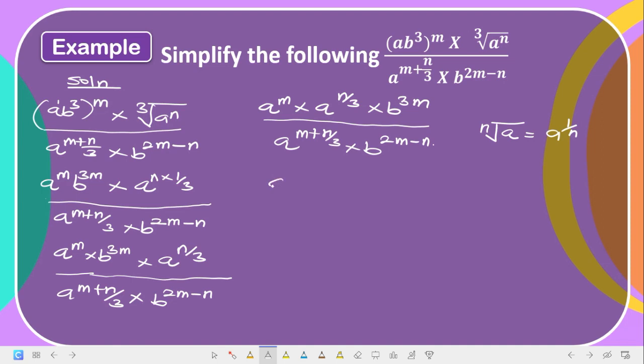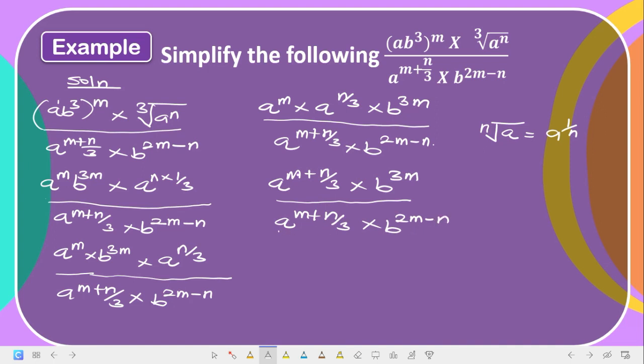Are we getting it now? So this gives us a. Now, we are going to add these two, right? So this gives us m plus n over 3, times b^(3m), divided by a^(m+n)/3 times b^(2m-n).